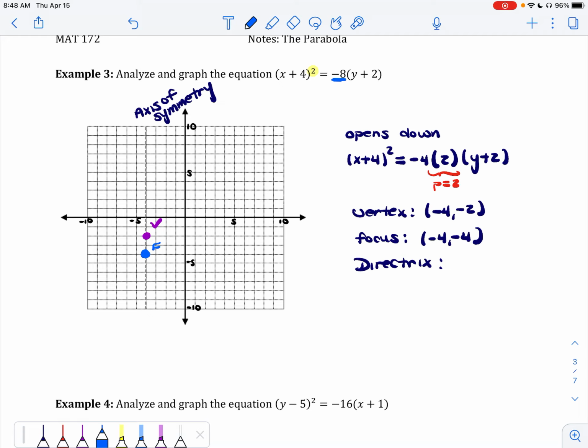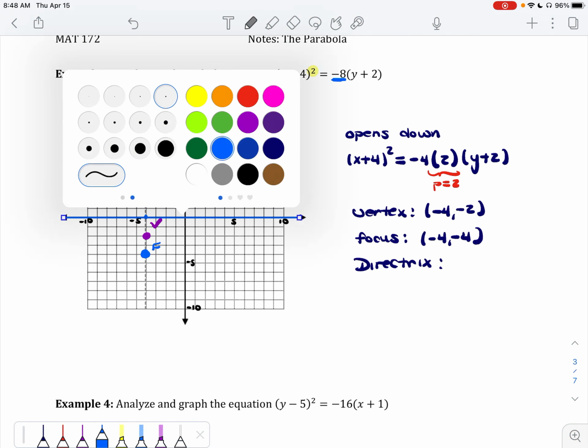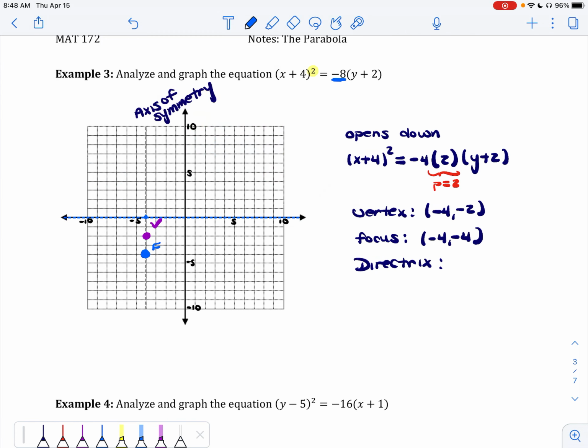From the vertex, we are going to go 2 units up and then plot our horizontal line. Since that's a horizontal line, that is going to be the equation y equals 0.